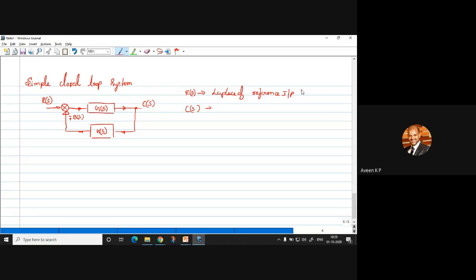In time domain, it will be R of T. So Laplace of controlled output. So the normal form will be C of T. Next, E of S. That I forgot to represent. E of S is nothing but the error.